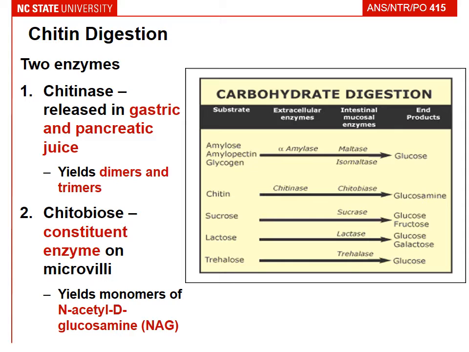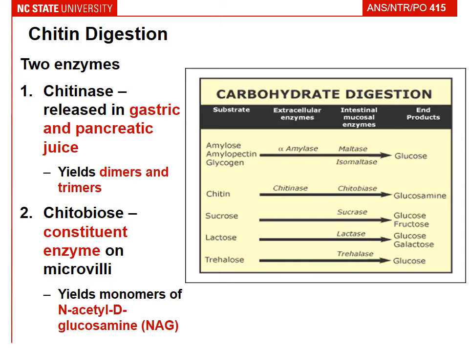So for the exam, I want you to be able to tell me that chitinase is breaking it down from the stomach, released from the stomach or the pancreas, depending on the species, and the chitobiase is constitutively expressed on the microvilli.